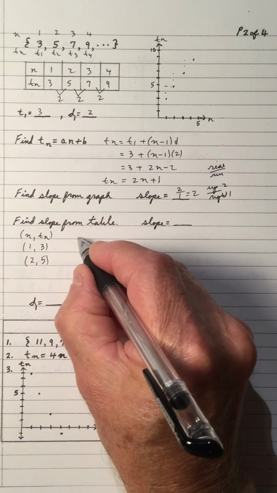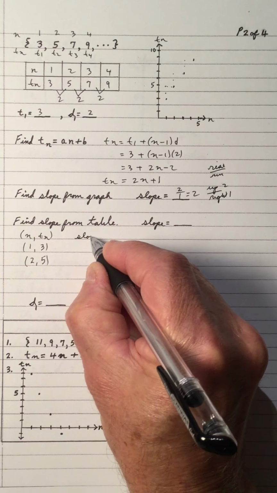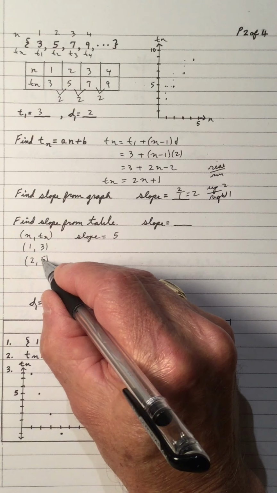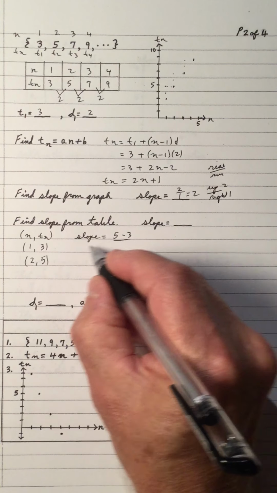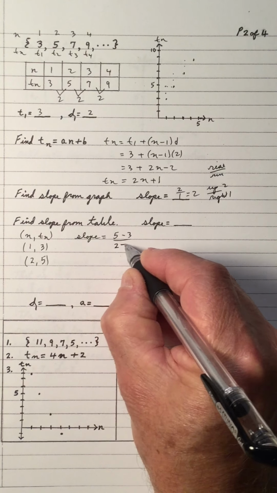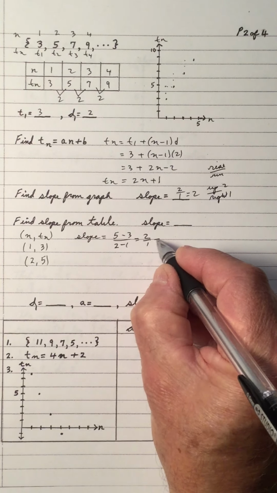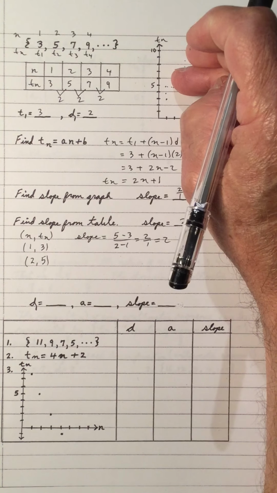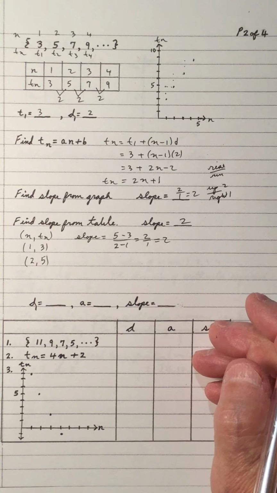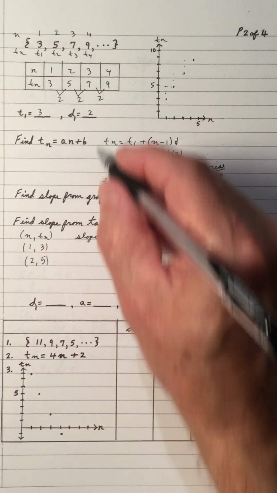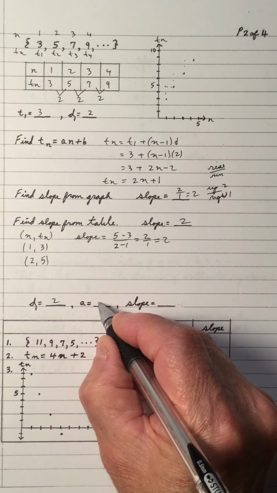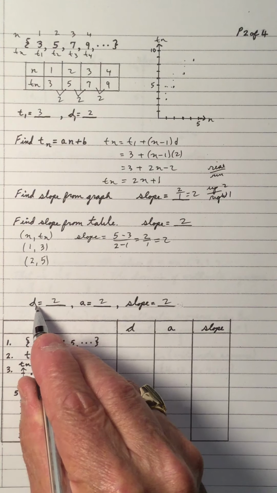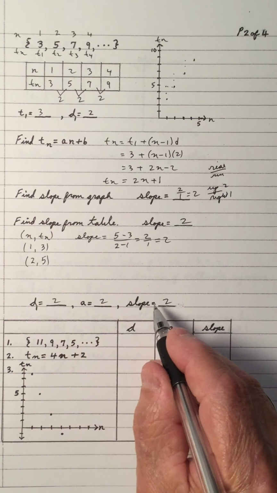So from the table, the slope is 5 minus 3 over 2 minus 1. That's 2 over 1, or 2. So the slope is 2, the same as from the graph. That means D1 is 2, A is 2, and the slope is 2, because D1 is equal to A, which is equal to the slope.